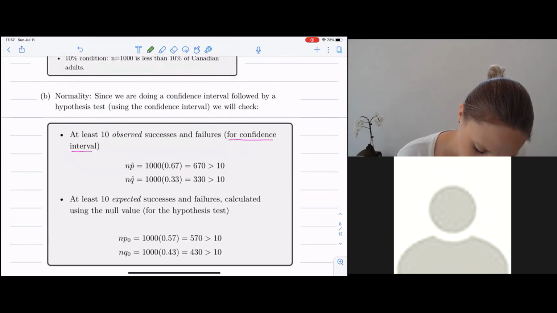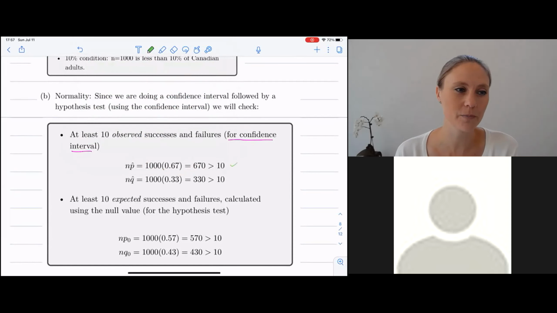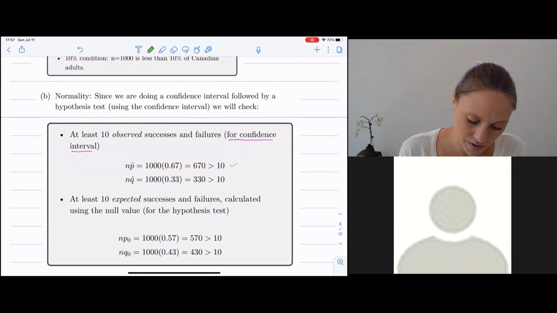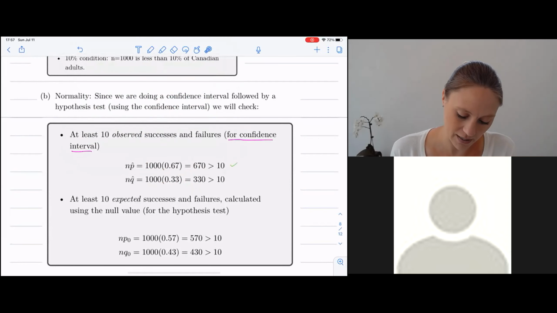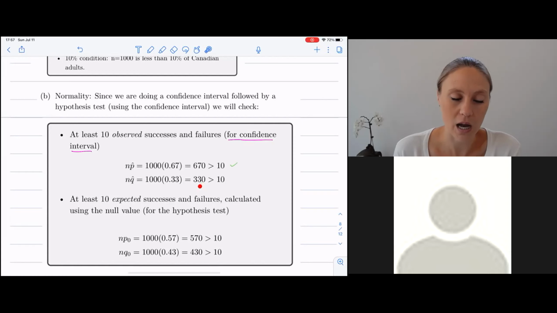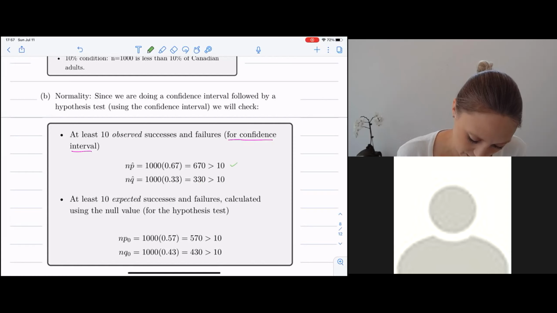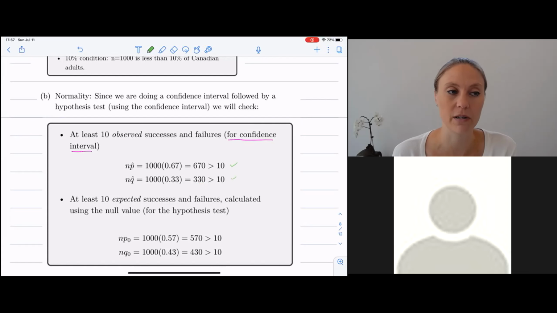So I'll mark that as checked out. And of course, the number of failures is 330. You could either do 1,000 minus 670 is 330, great. Or 1 minus 0.67 is 0.33 times 1,000 is still 330. So regardless of how you got there, you end up at the same place, and it checks out. So it's definitely more than 10.